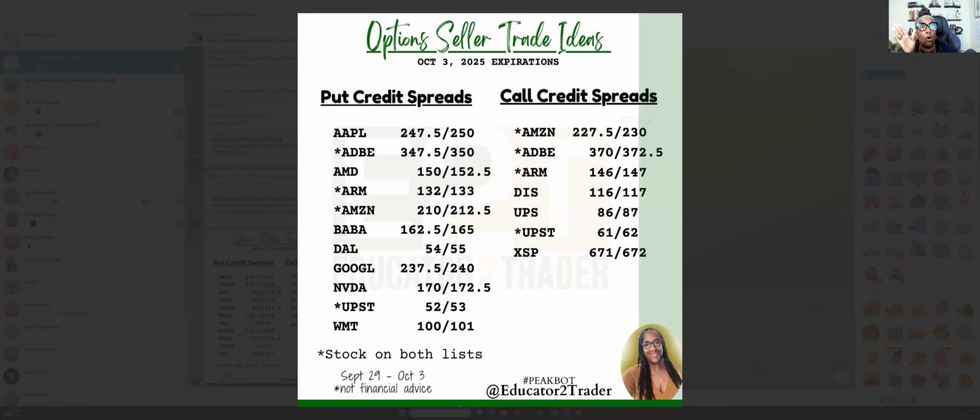If it triggers a put, then you could go with the call credit spread. Did I say that backwards? I think I said it backwards, but yeah, I think you could use either one. Yes, I think those go right along with using our fair value gaps. We could use the strat numbers.